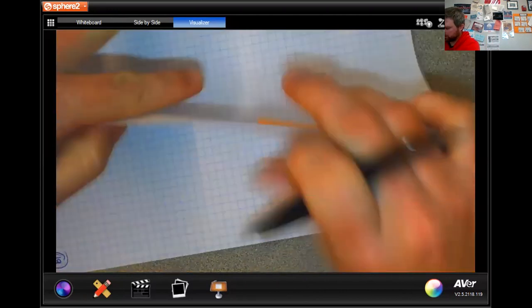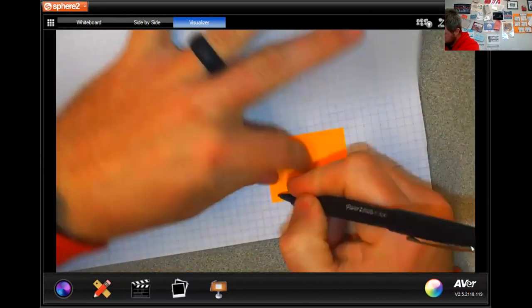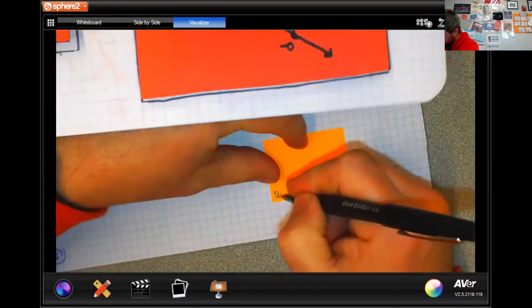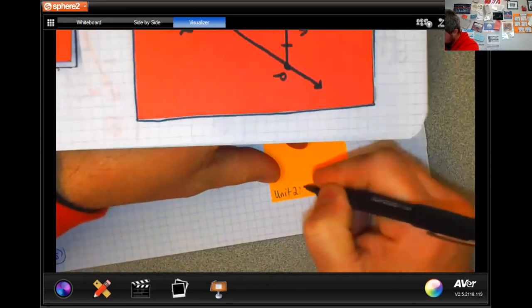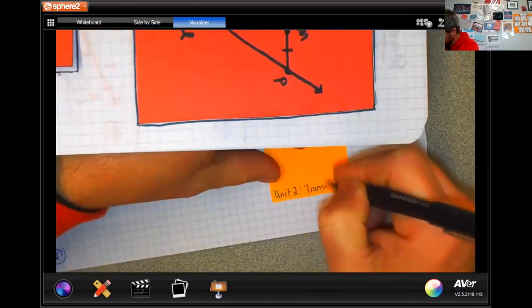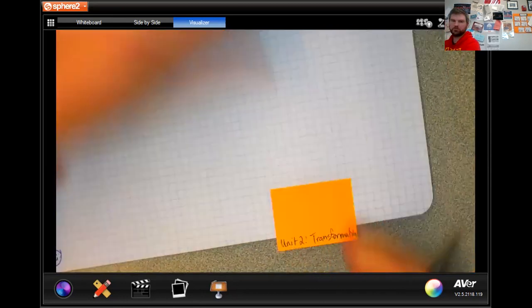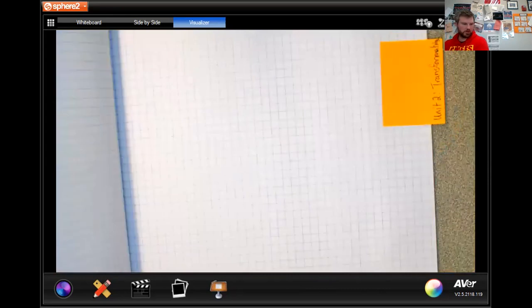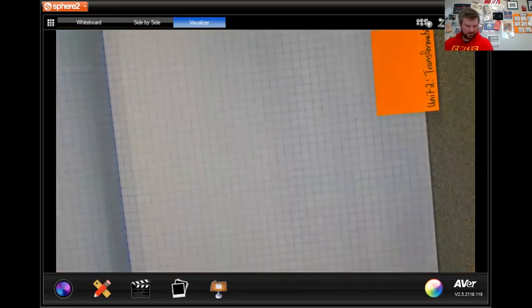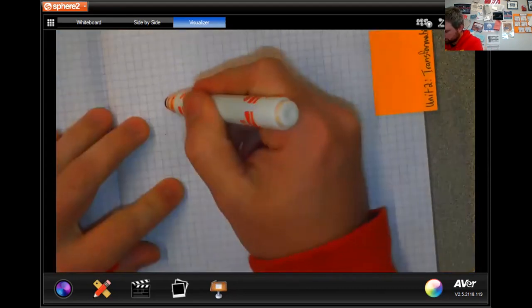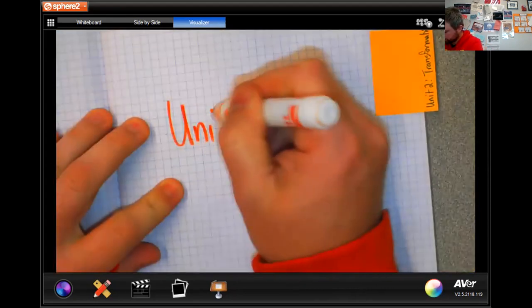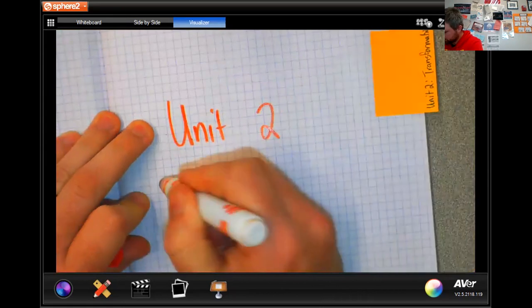So here we've got Unit 2, Transformations. And then we'll go ahead and title this Unit 2, Transformations.